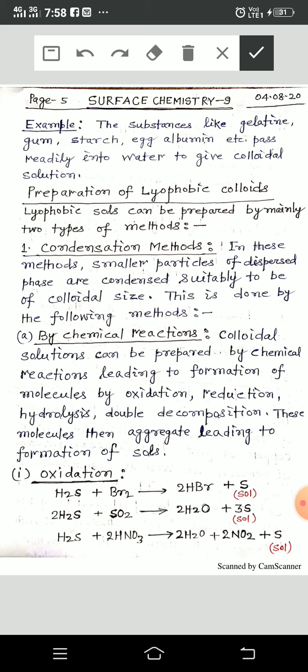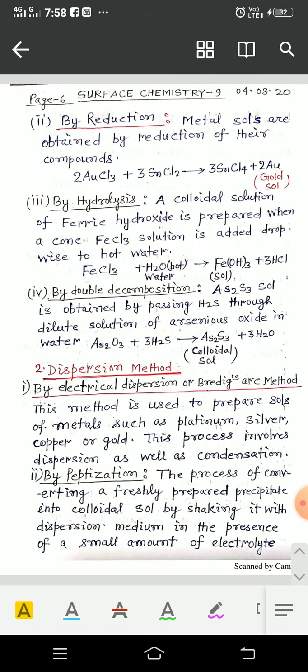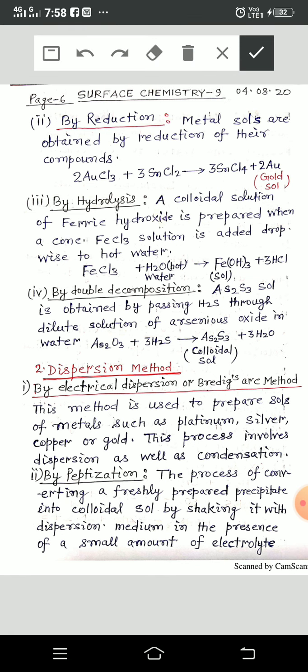Now, in condensation methods, there are many types. By chemical reaction, colloidal solutions can be prepared by chemical reactions leading to formation of molecules by oxidation, reduction and hydrolysis. Below are the examples. This is the example by oxidation method. This is the example by reduction method.